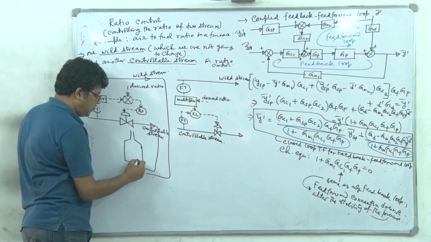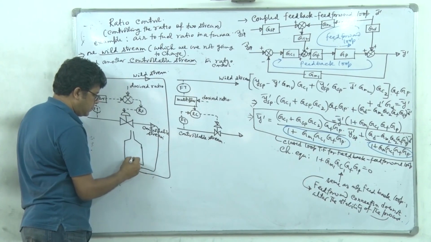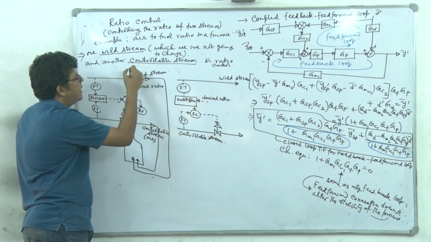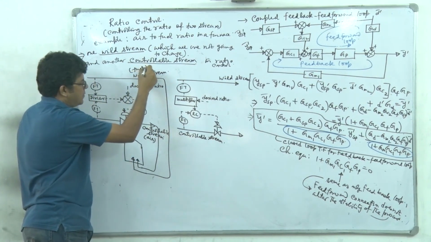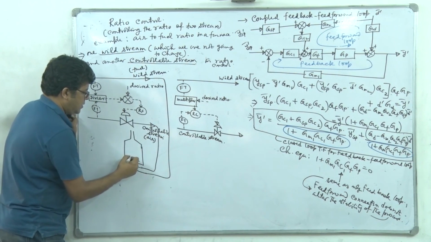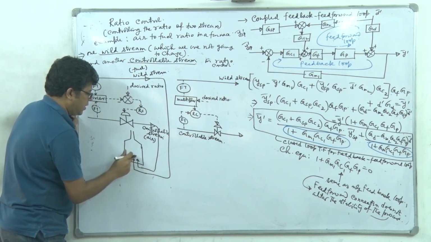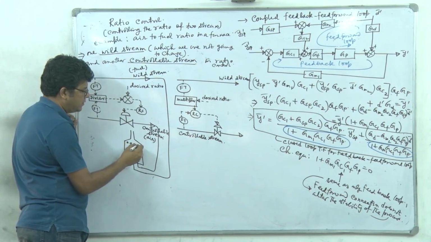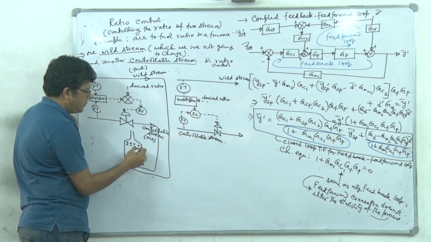The controllable stream is here, and this wild stream is fuel. We have the mixer, and then the flame is being generated, and we have the heating coils.